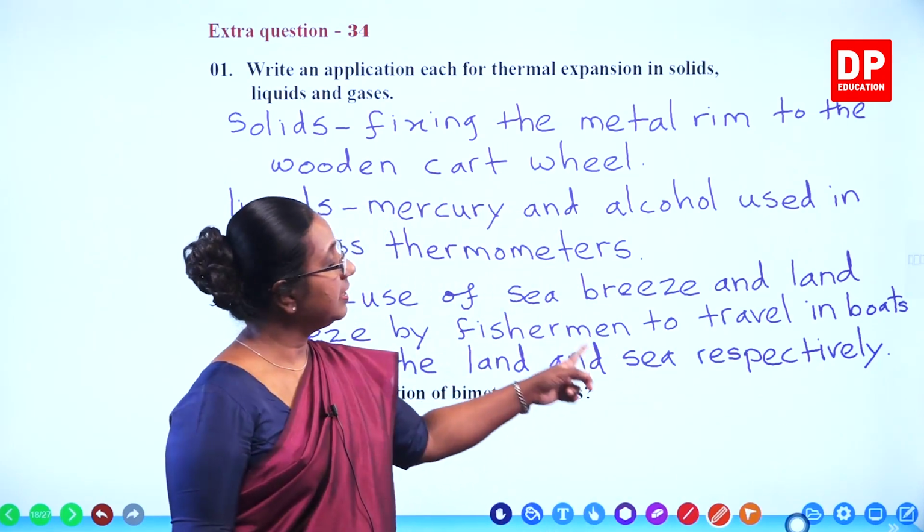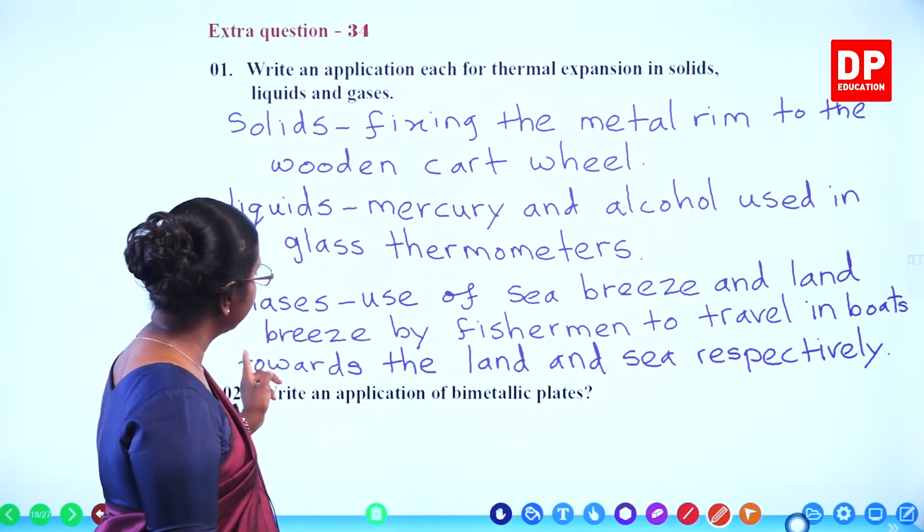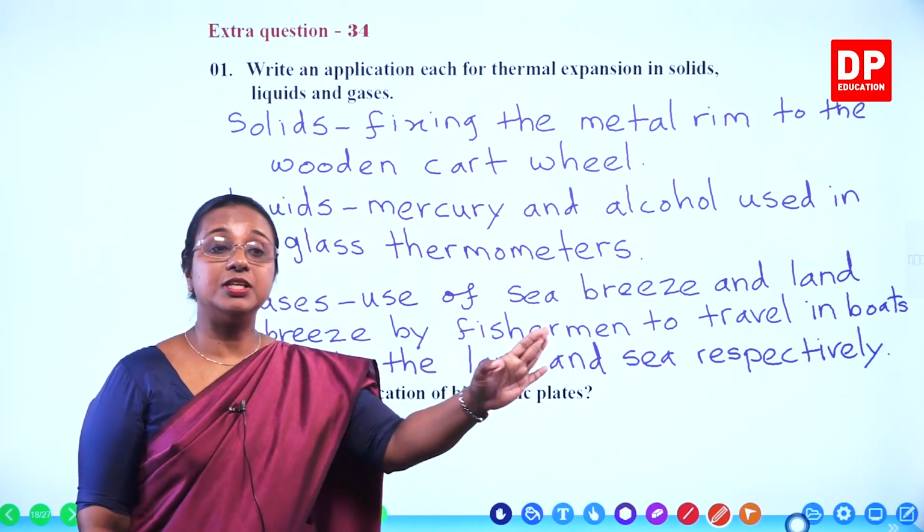So sea breeze helps the fishermen to travel from the sea towards the land, and land breeze helps them to travel from the land to the sea.